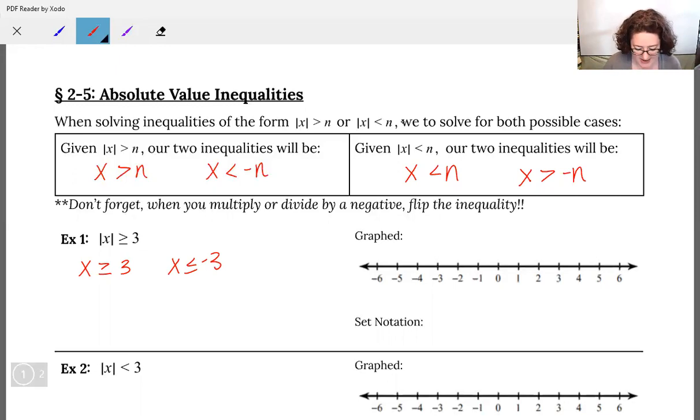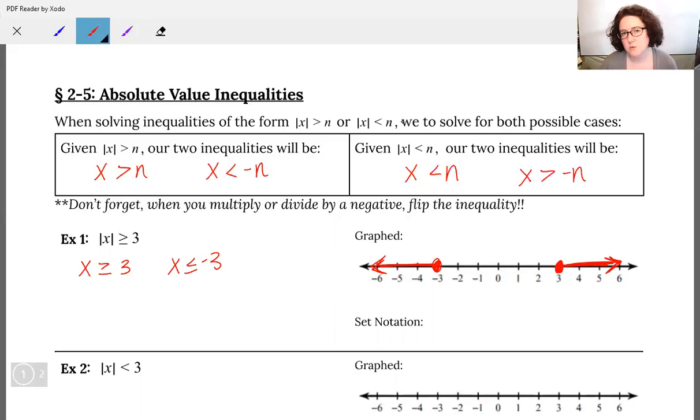We have x is greater than or equal to 3, which means we include the 3, so a filled in circle, and everything greater than. Okay, x is less than or equal to -3, again filled in circle, everything less than. So this is just like one of our or inequalities that we were looking at before. We need to mention both of these sections when we mention our solution set.